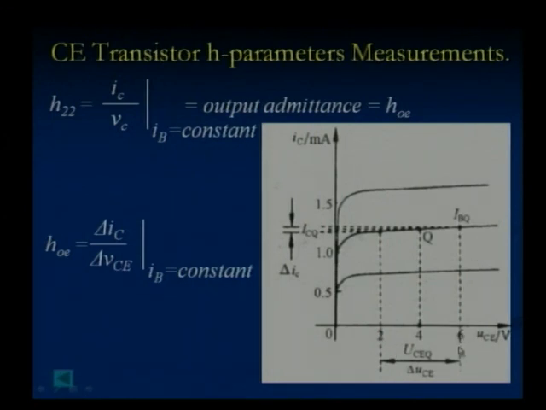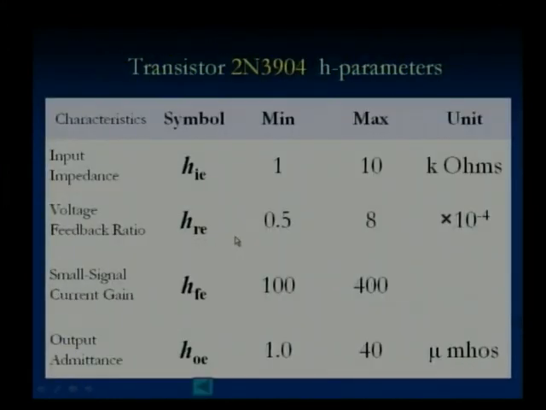So change from this to this, that is delta VCE. So using these two values we can find out HOE. So this is how we can find out the values of the different parameters. For example, for a transistor 2N3904, the typical values of the H parameters are like this.